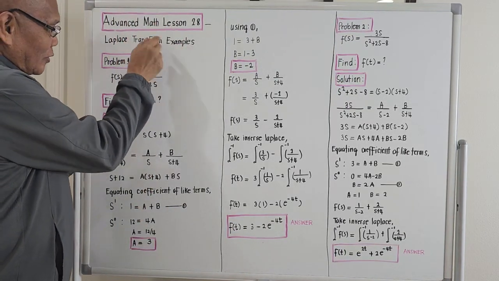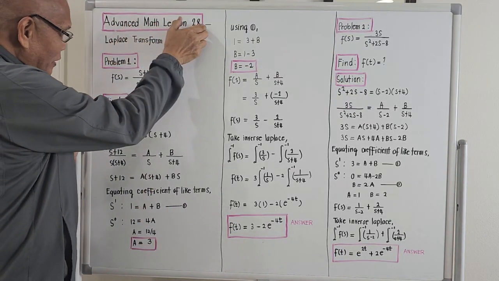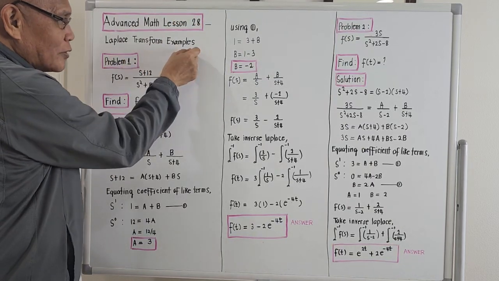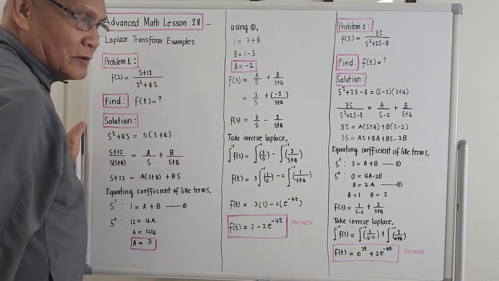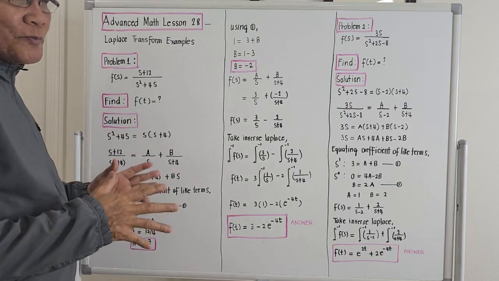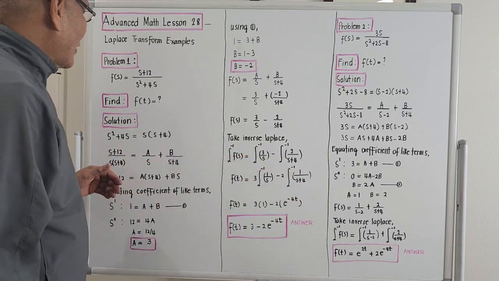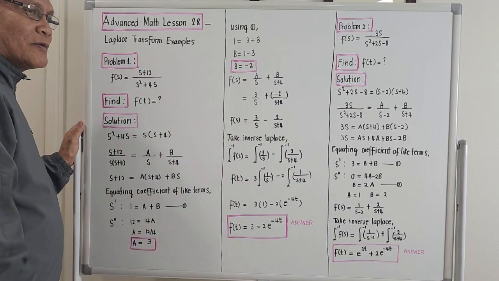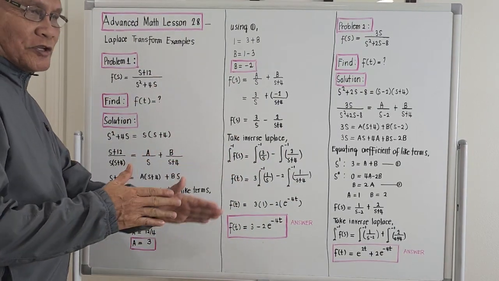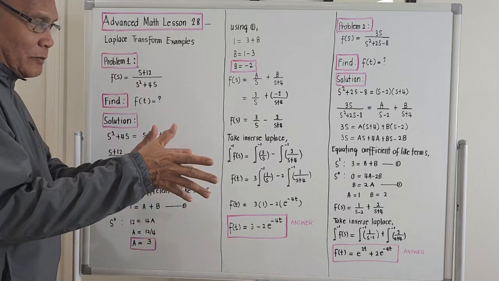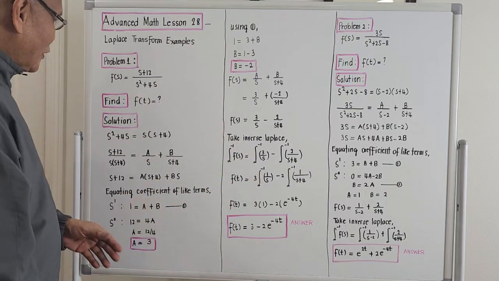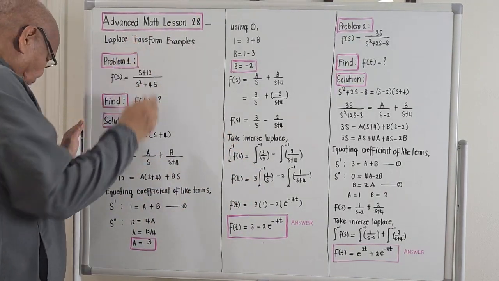The topic will be Advanced Math, lesson number 28, Laplace transform examples, meaning the evaluation of problems in transforming to Laplace transform. I will give you problem number 1 because we expedite a little bit, as I will be giving 2 problems for this morning. Problem number 1.